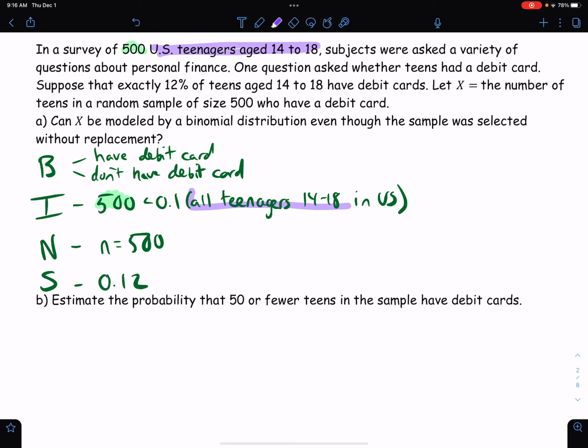So what you would just say here is 0.1 times all teenagers 14 through 18 in the USA. There are definitely more than 5,000 teenagers in the USA, so that checks out. The sample size is 500, and the probability is 12%. So yes, we can use a binomial distribution for this sample.